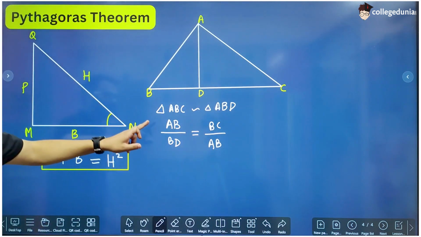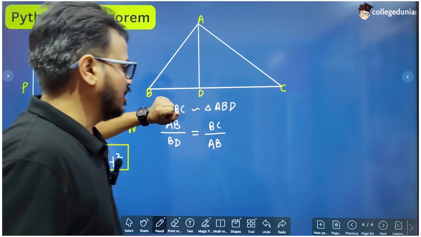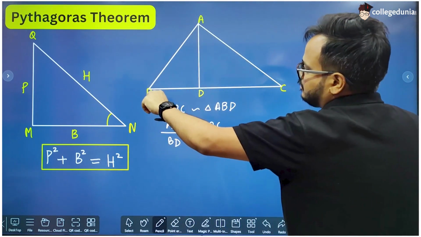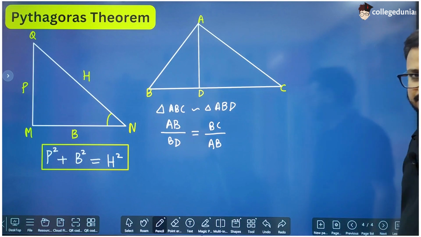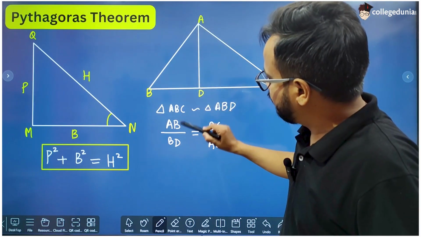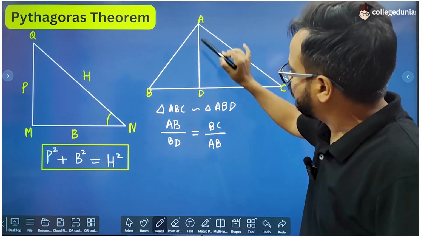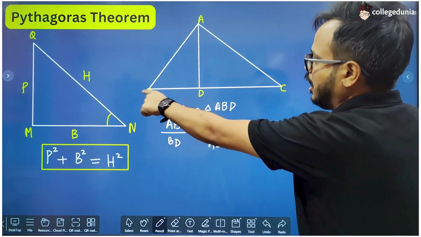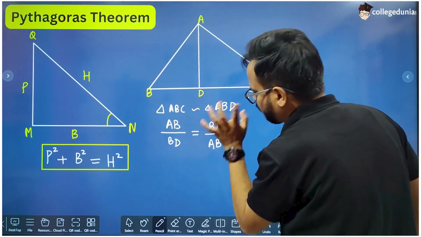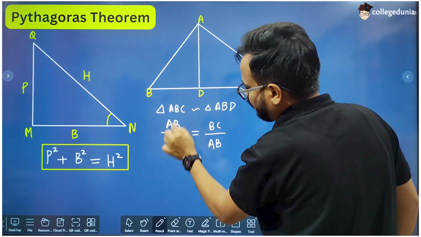On the RHS, when we wrote AB, we are taking the side of the bigger triangle, but when on the LHS we are writing AB, then we are considering it as the side of the smaller triangle, right? So this is the side of the bigger triangle and this is the corresponding side of the smaller triangle. Hypotenuse of the bigger triangle and hypotenuse of the smaller triangle, and base of the bigger triangle, base of the smaller triangle.